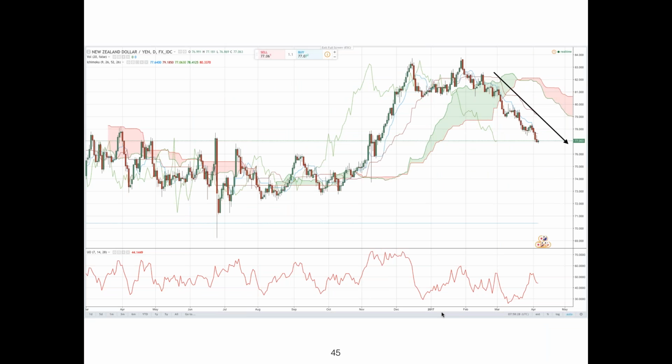Now here's another example. We have the New Zealand dollar yen, the NZD-YEN currency pair, where first we find a bullish divergence that signals a reversal. This is a regular bullish divergence. Then there was a Kumo breakout.